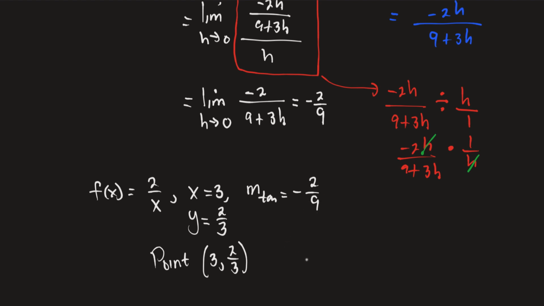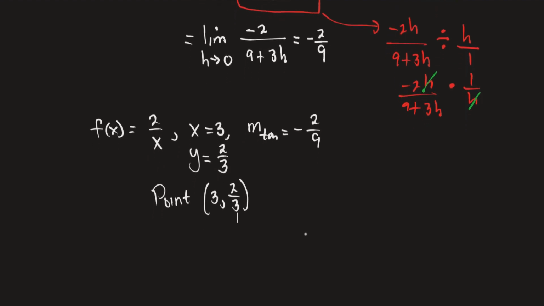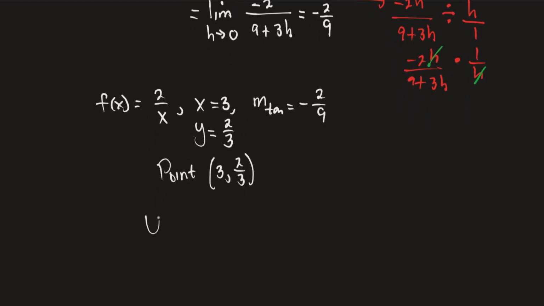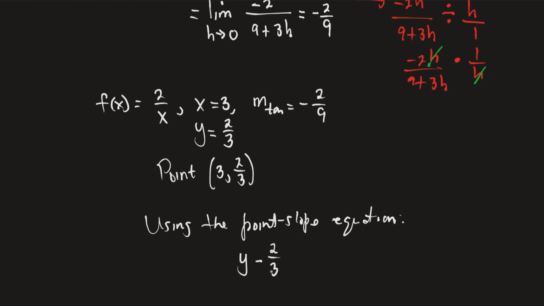So then again, I will use my preferred point slope form. So using the point slope equation, let's write down the actual equation of the tangent line. And it's y minus the y value, which is 2/3. And that's equal to the slope, which is negative 2/9, times the quantity x minus your x value, so x minus 3.